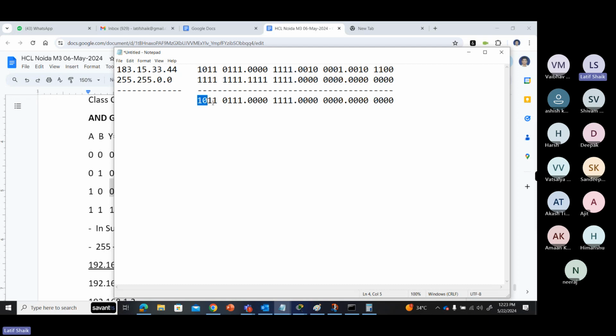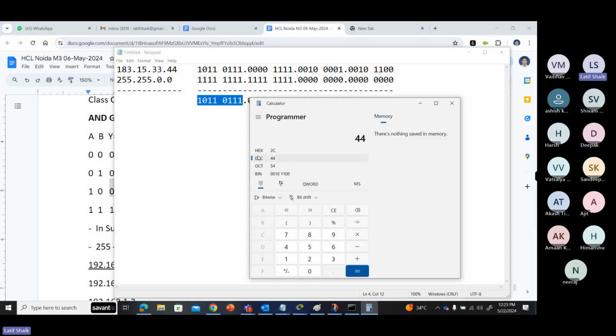Now again, you have to convert it back to decimal. Either you calculate manually or you can calculate binary-wise. If you paste it here, what is the decimal number? 183.